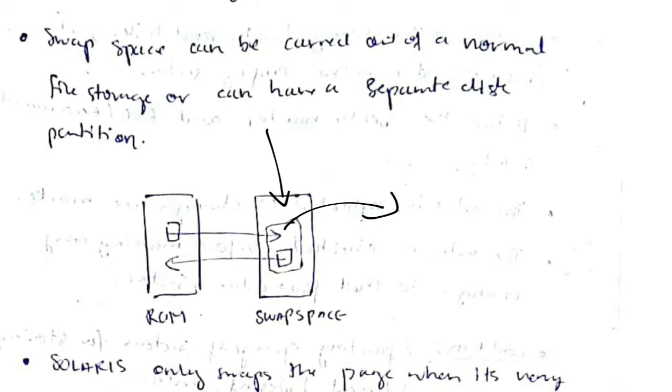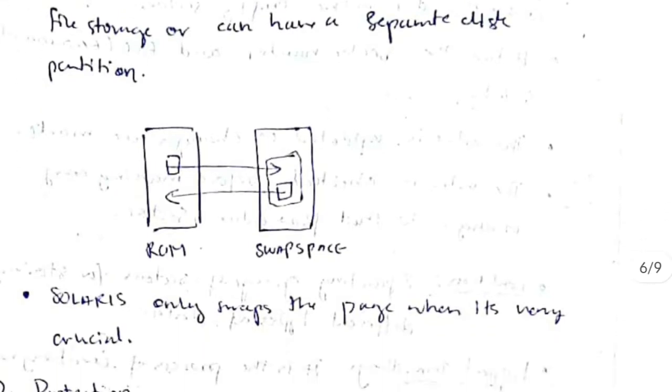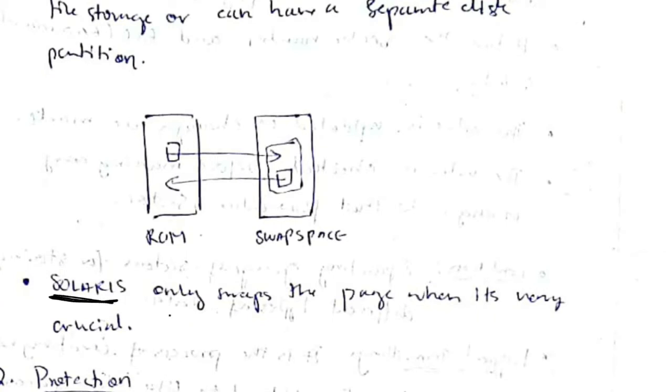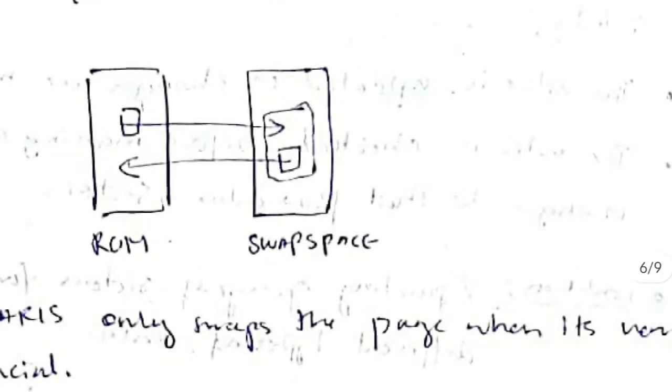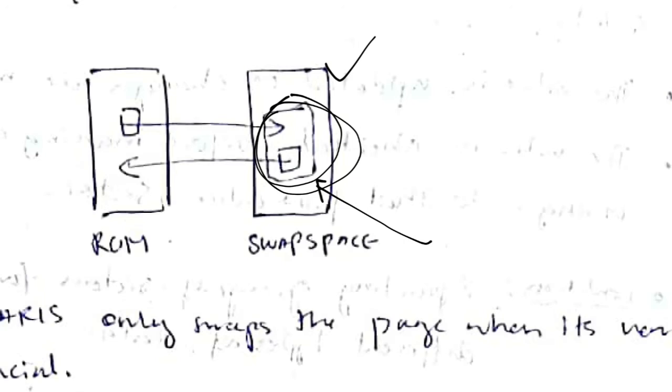Okay, so that's known as swap space management, and an example given is Solaris, which is an operating system, and it only swaps the page when it is very crucial. Okay, so it utilizes the area of swap space only when it is very crucial. On the other hand, the other systems access the swap space much more frequently, to make the process execution faster.